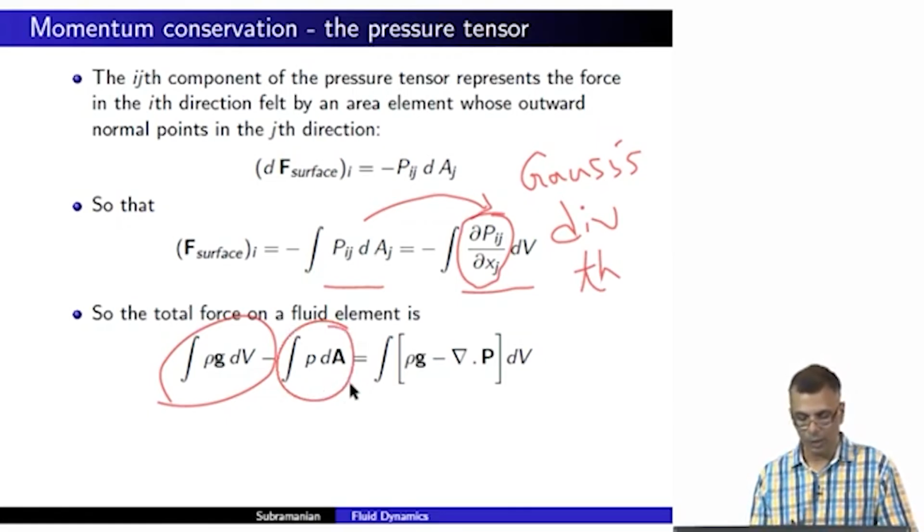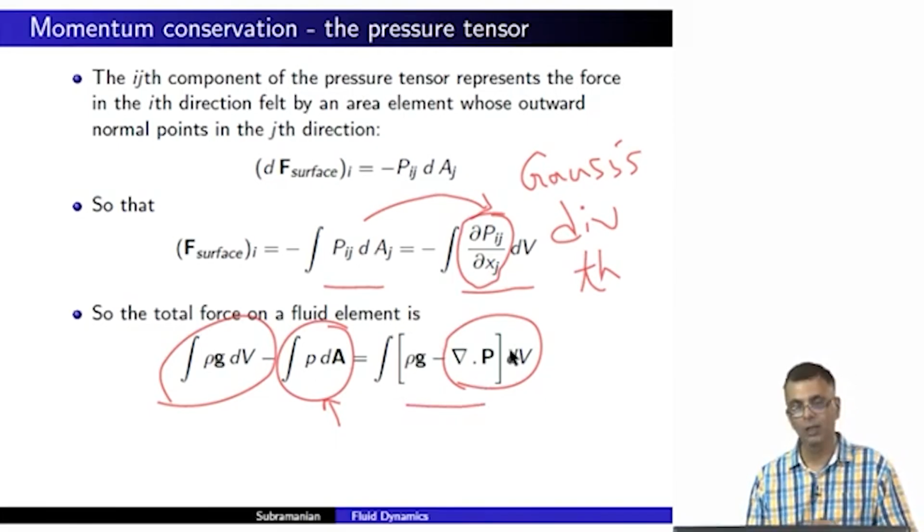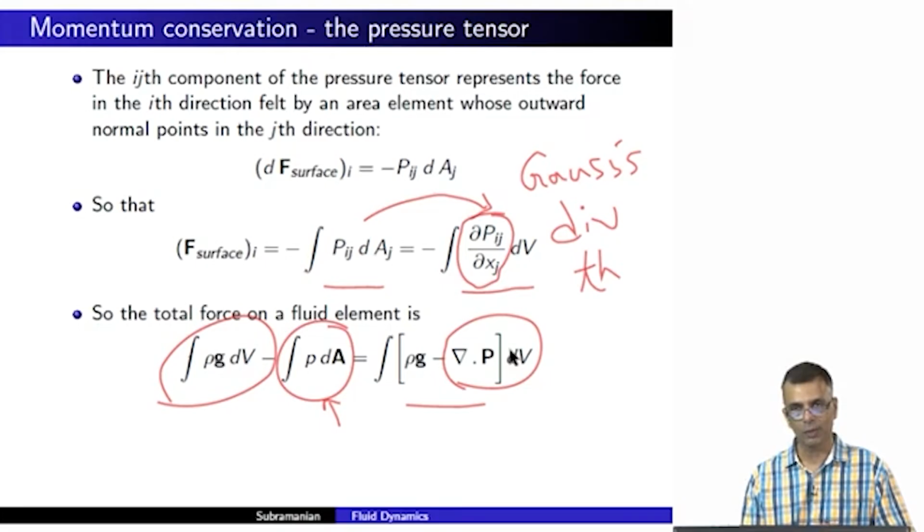And by using Gauss's divergence theorem, you convert the surface integral into a volume integral like that. The advantage being you can put both of those on the same footing, and you can have a volume integral for the whole thing, exactly like we did for the mass conservation equation. No difference.